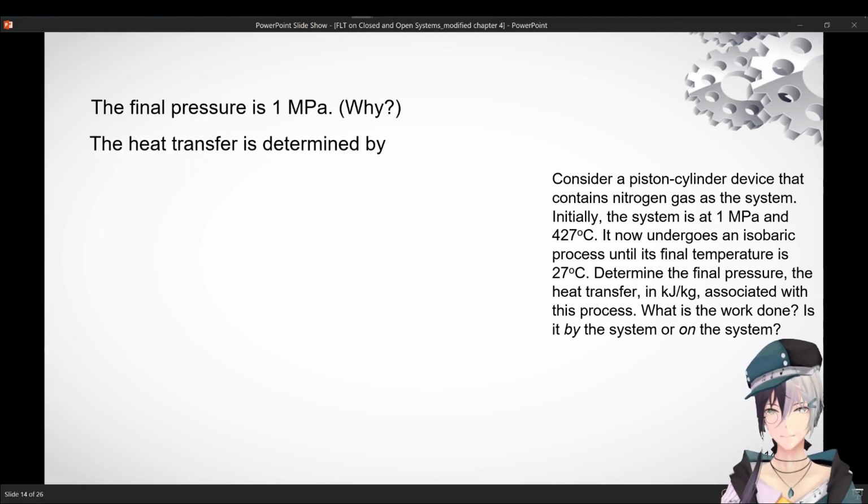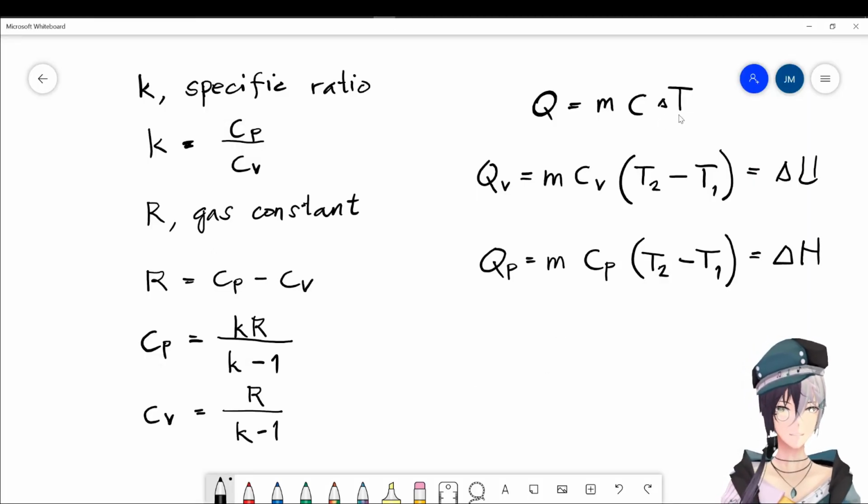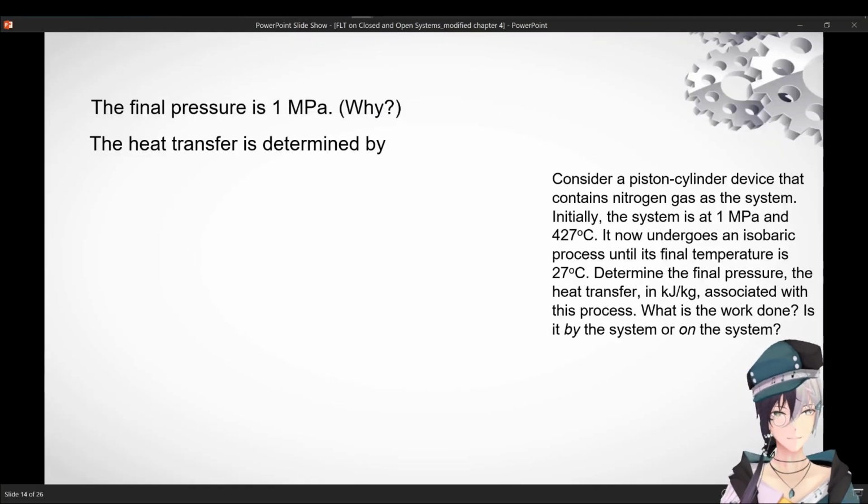Then heat transfer, I gave you this one earlier, mc delta T. But for a constant pressure process, this is what we will be using: m times the specific heat at constant pressure.